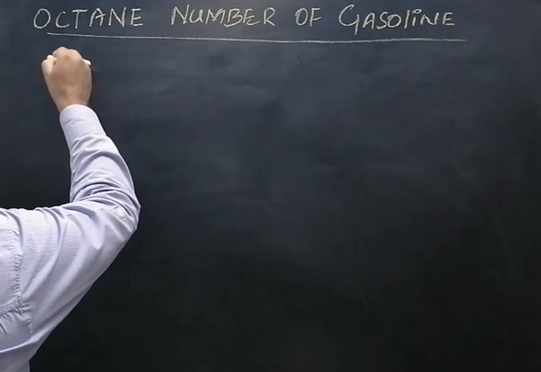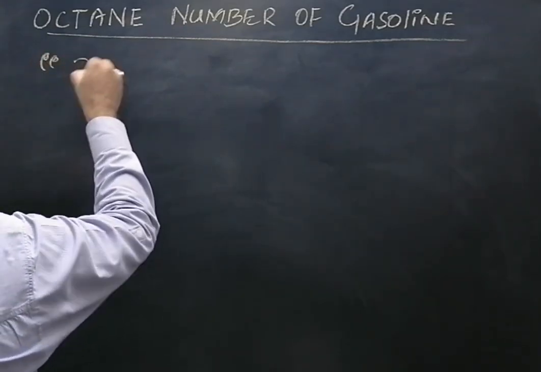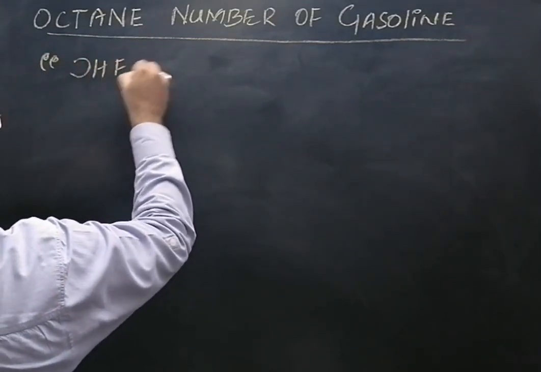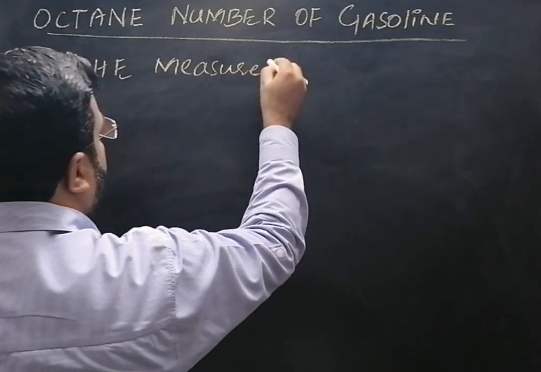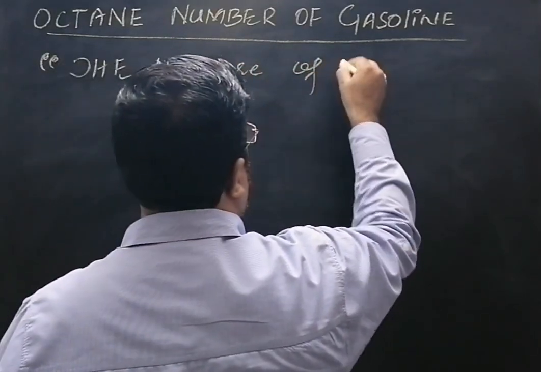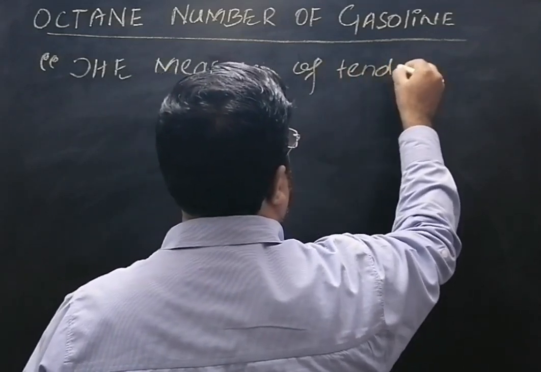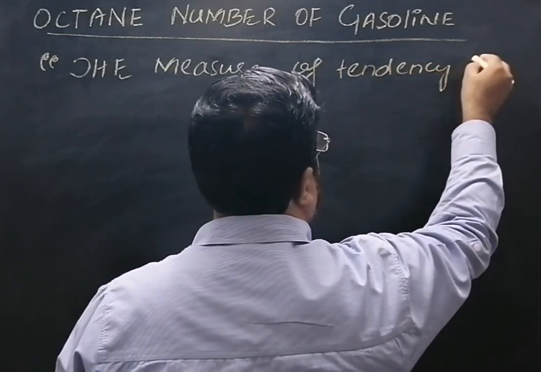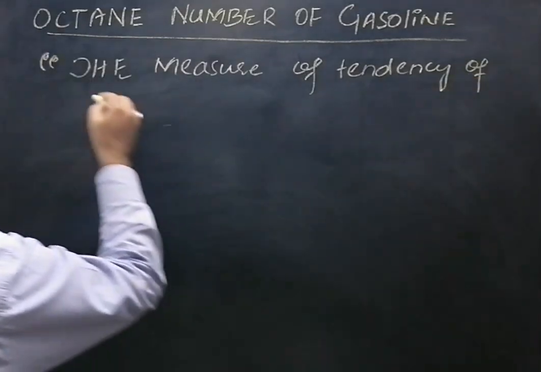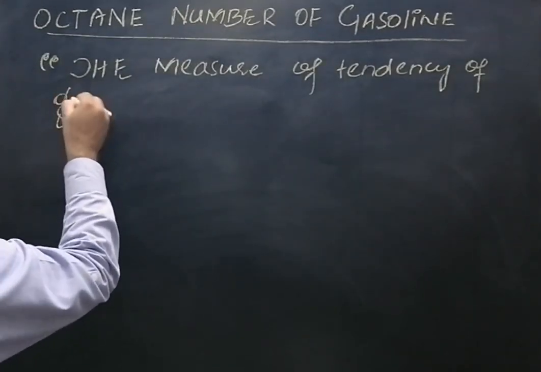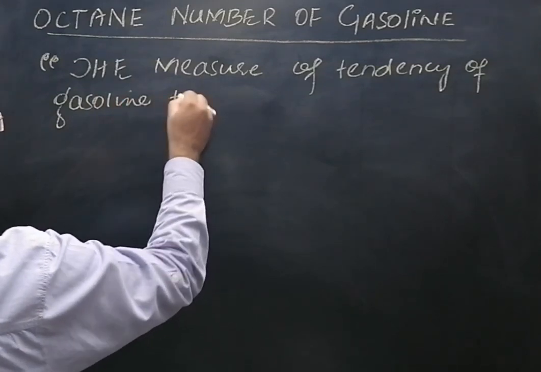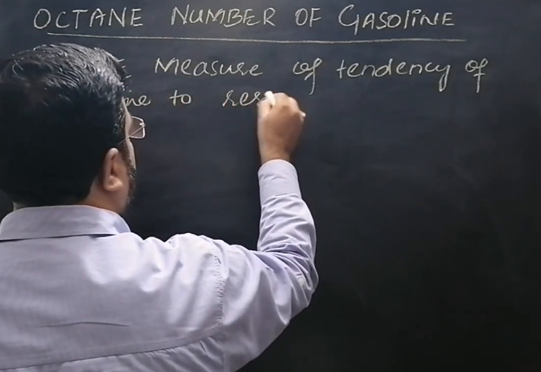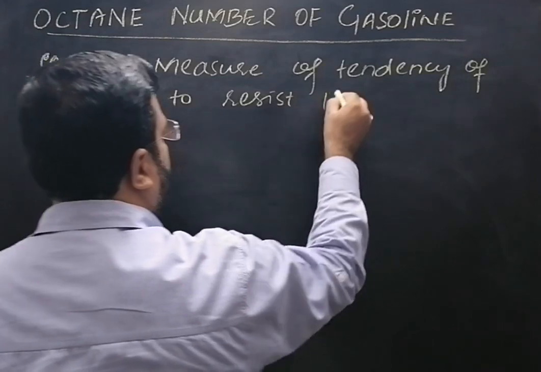Octane number is basically the measure of tendency of gasoline to resist knocking.